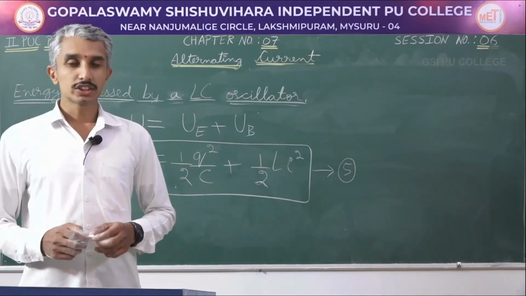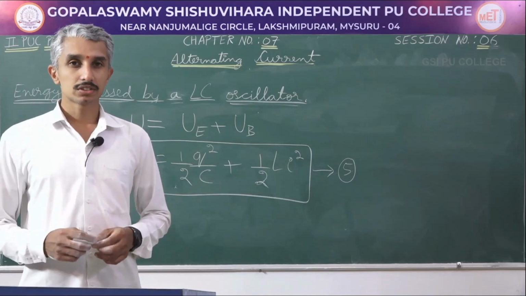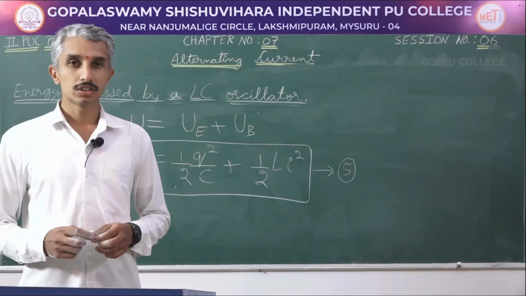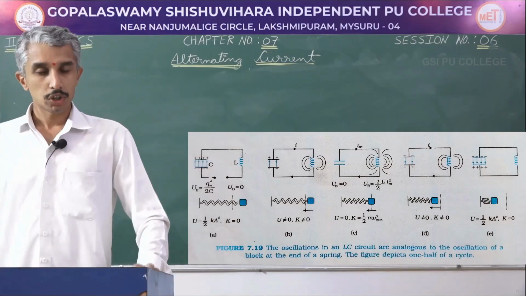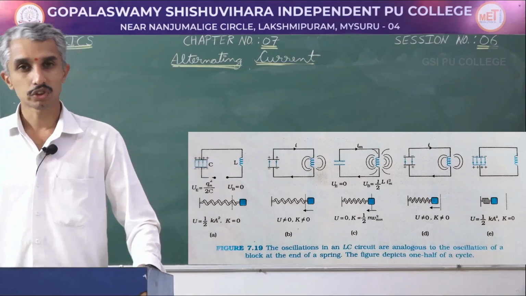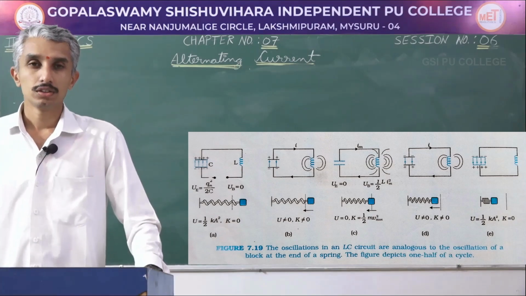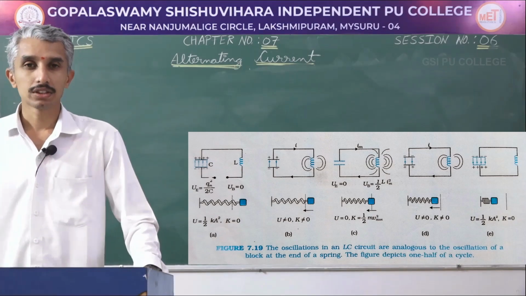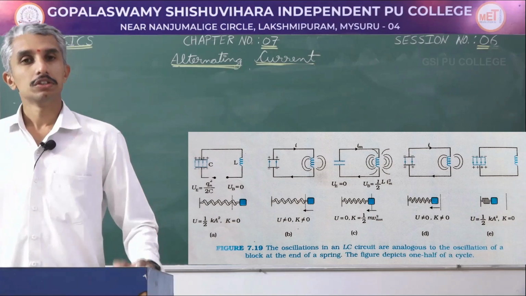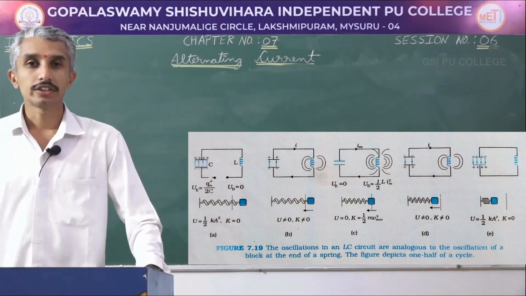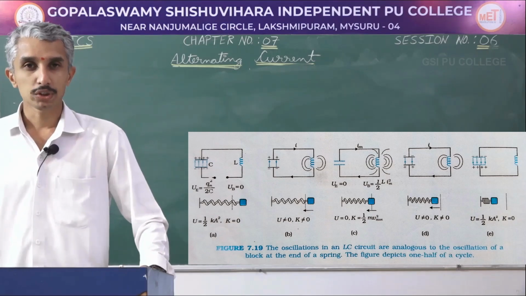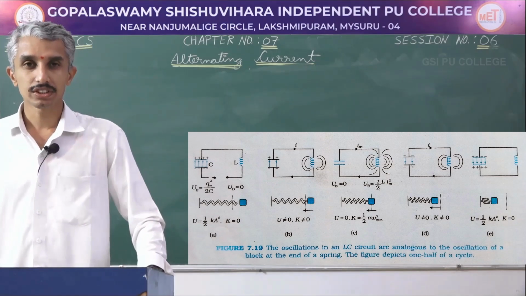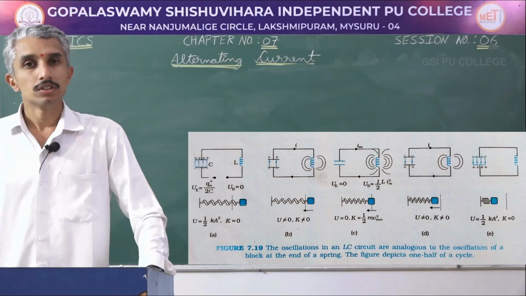By looking at the analogies between the mechanical oscillations and the electrical oscillations, we will conclude today's session. Finally, you have this diagram which was also displayed earlier. So, this diagram helps us in understanding the analogy between the electrical oscillations and the mechanical oscillations. There is no need of explaining too much about this diagram, it is self-explanatory.